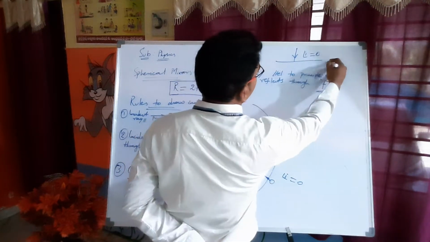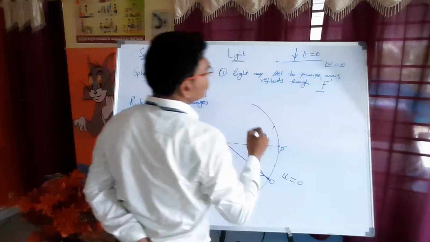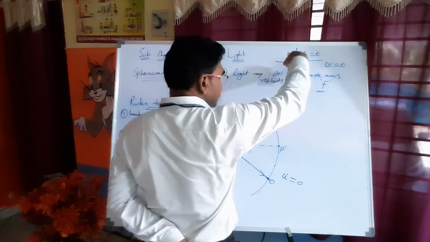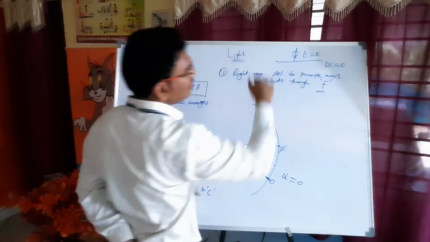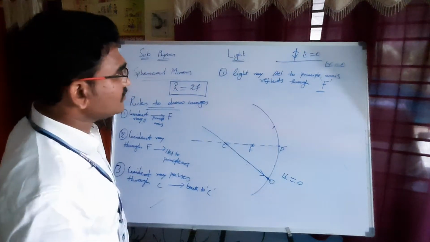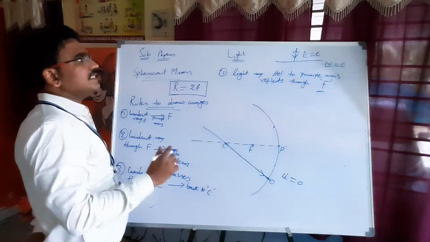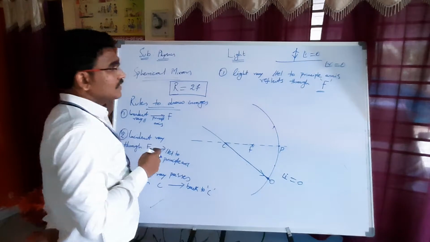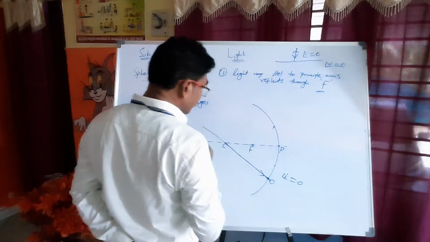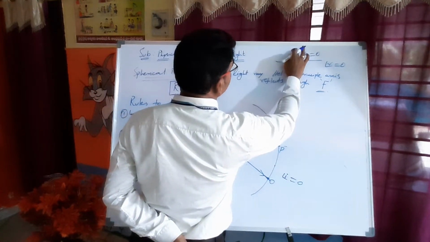Angle of reflection is also 0. It means the light ray, in the same path in which it is incident, will traverse back. So this is what I can say.